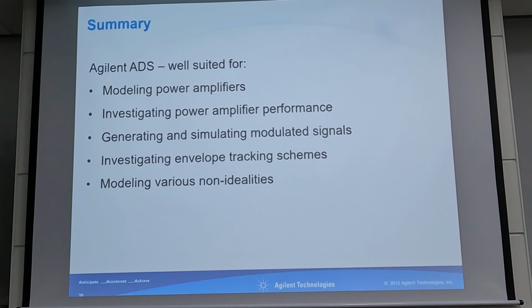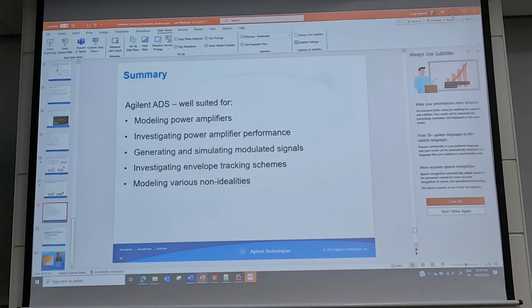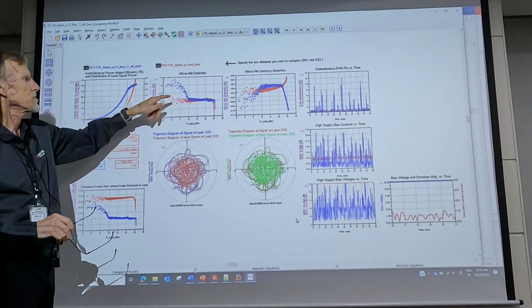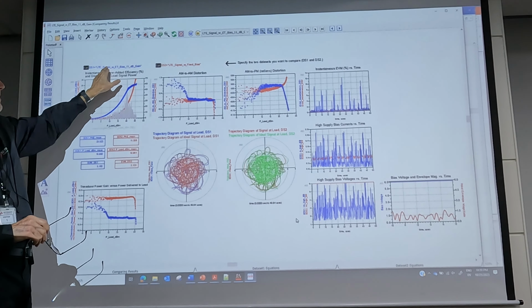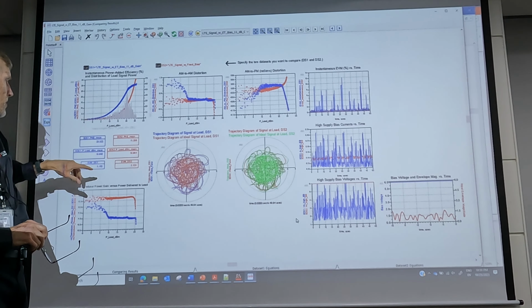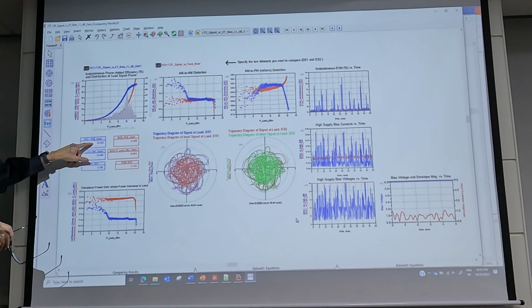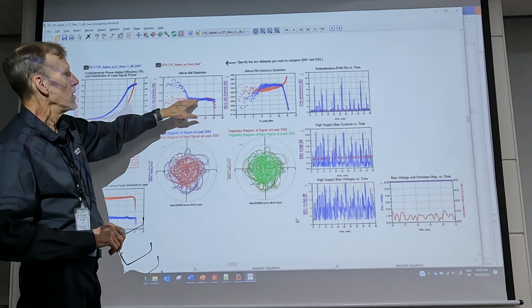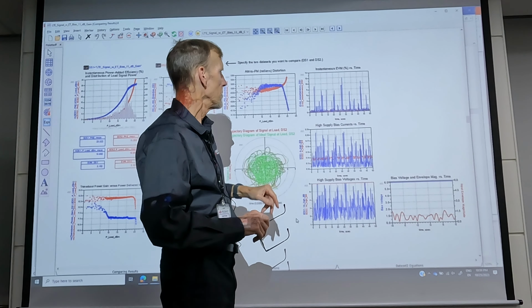This is a comparison between an LTE signal with a fixed bias in red, and the blue is an LTE signal with an 11 dB gain envelope tracking shaping table, and there's a noticeable improvement in the power added efficiency. And this is the EVM versus time plot.